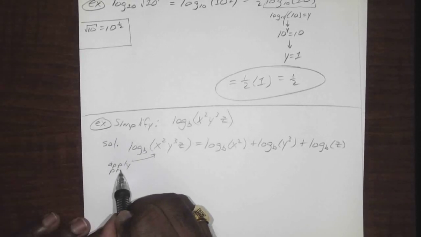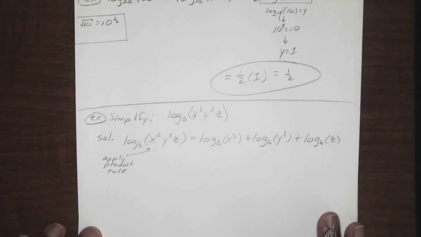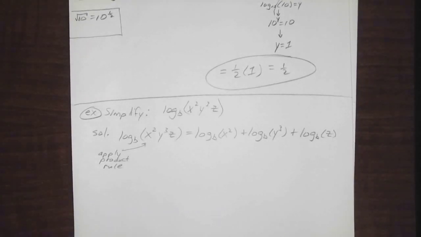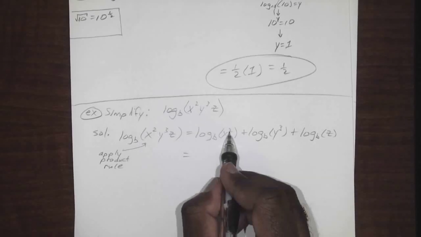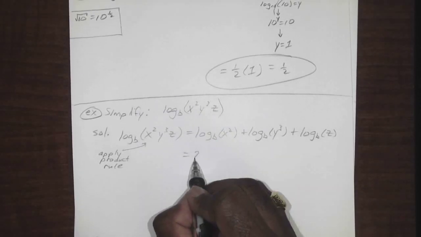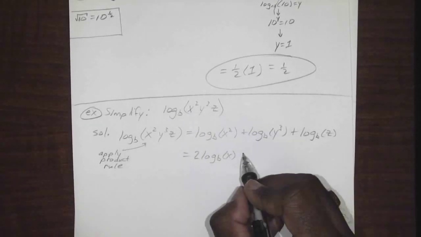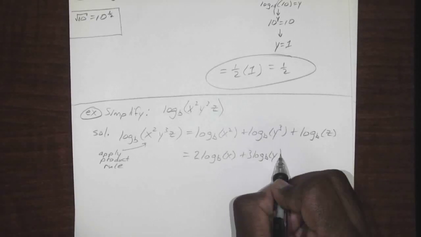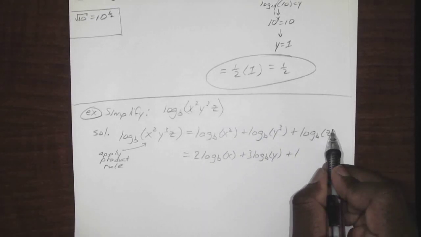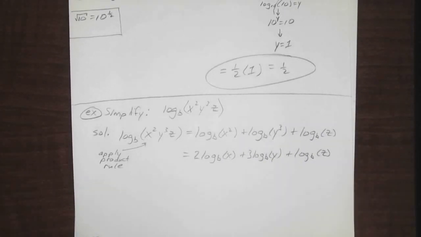So apply product rule. Now we want to just bring down our exponents. So we have 2 log base b of x plus 3 log base b of y. That's an exponent of 1, so it stays the same. So we have log base b of z.